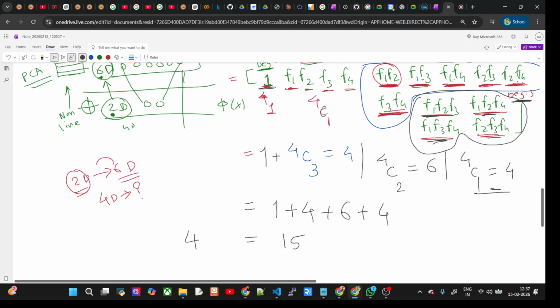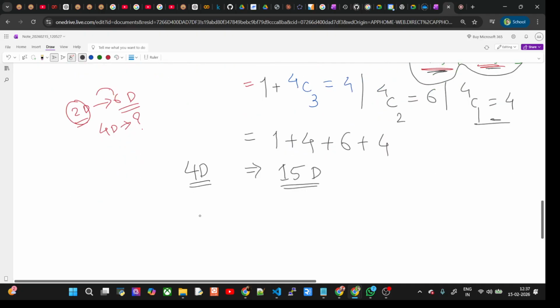So if you want to project 4D points from the lower dimensions, 4 dimensions in the lower space, into the higher space, you need 15 dimensions. If you have D features, like now I have f1, f2, f3, f4, these 4 features, this is 4D, like D equal to 4.